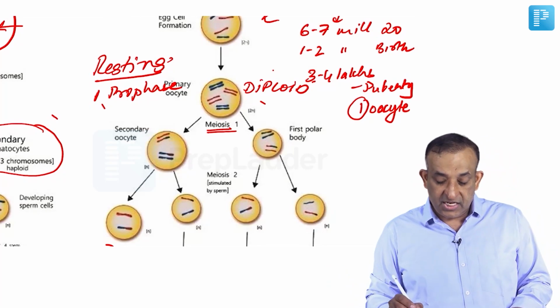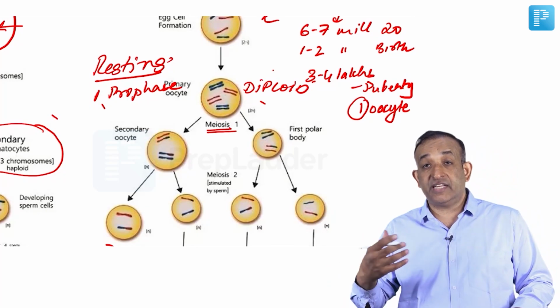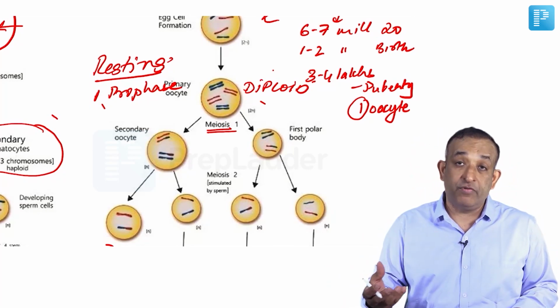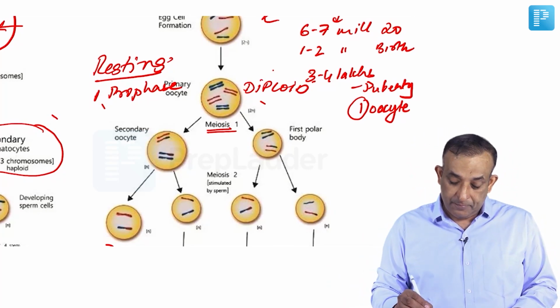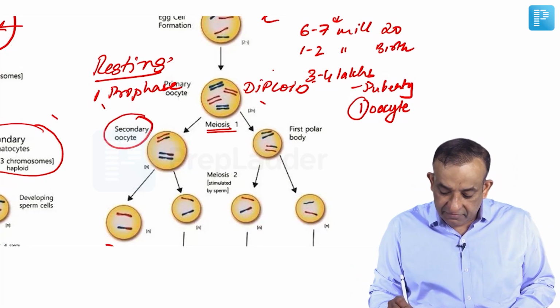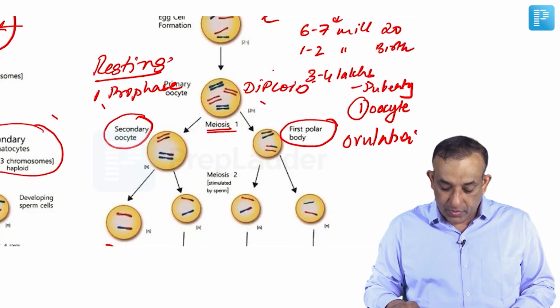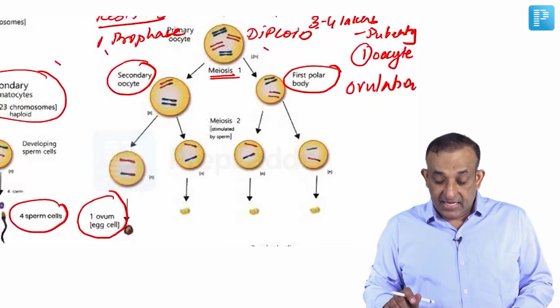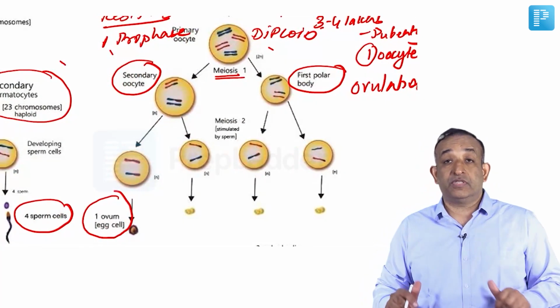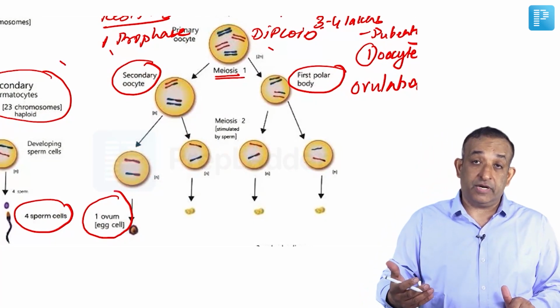This converts into a mature, secondary oocyte at the time of ovulation. When she ovulates, this secondary oocyte is released and the first polar body is released. When ovulation happens, there is resumption of the meiotic division and the first polar body is released.